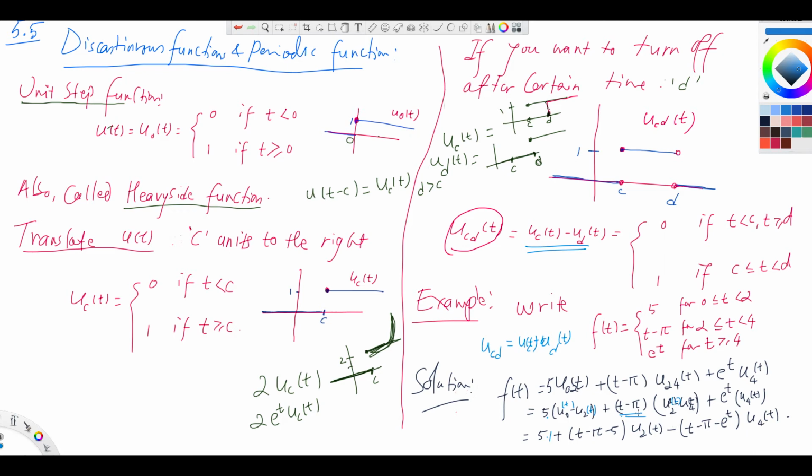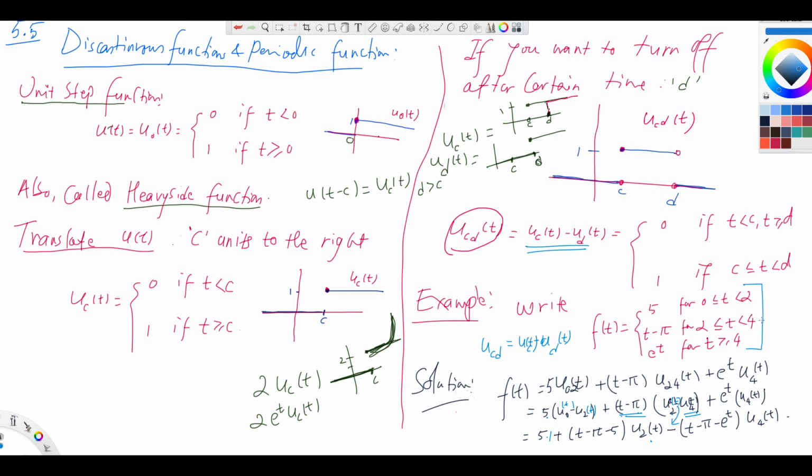Another is t minus pi times u2t. So you group them. The last thing you do is group the u4t. There is t minus pi times negative u4t, and that negative sign comes here. So I'm writing t minus pi, and then because I'm taking the negative sign, it will be negative of e to the t u4t. So this is how I write this piecewise function in terms of the unit step function.